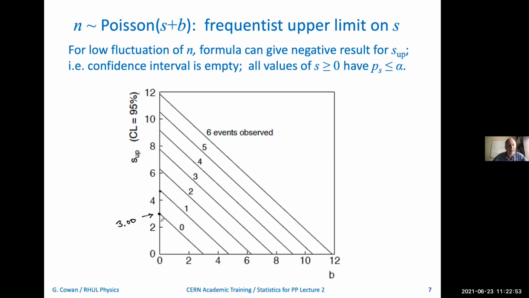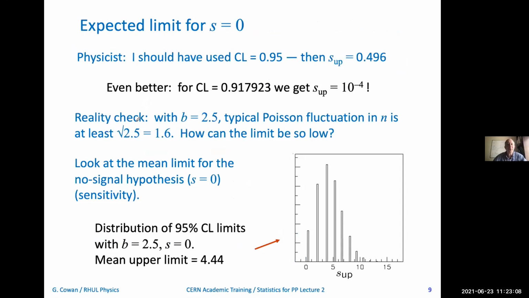Because then the limit would be the value of S such that there's a 10% probability to see as many as you saw or less. All right, so the whole family of curves just shifts up and down when you choose a different confidence level. And so the poor physicist says, all right, maybe I shouldn't have used 90%. Let me use 95%. And that shifts the curves up. And it shifts that negative limit, in fact, from minus 0.2 to roughly plus 0.5.